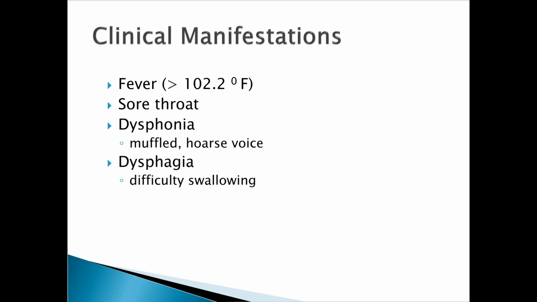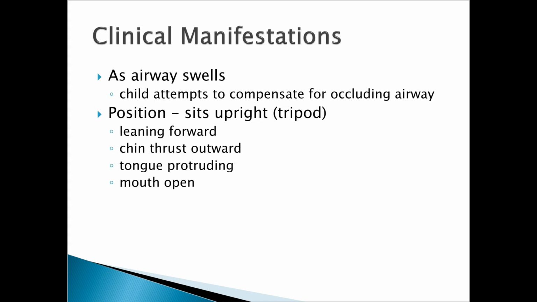They are probably going to have a hoarse voice because their throat is becoming inflamed. They may even have difficulty swallowing. And as the airway swells, the child attempts to compensate for the occluding of the airway, so they're going to do everything they can to continue to breathe, obviously.